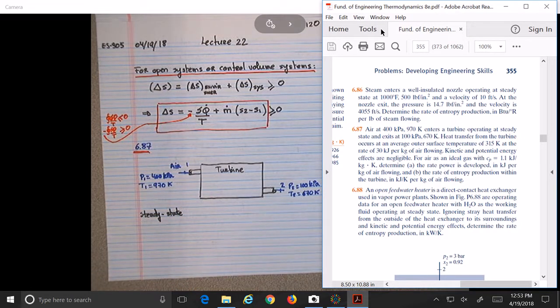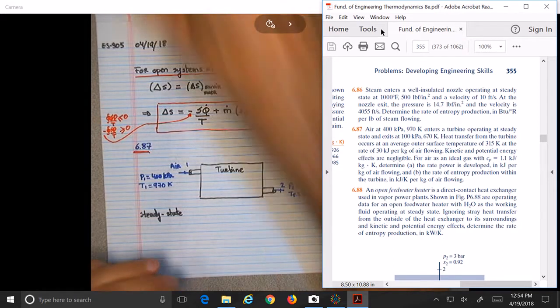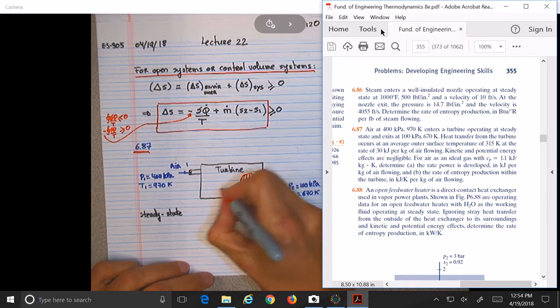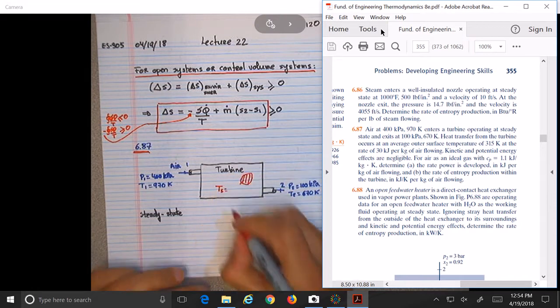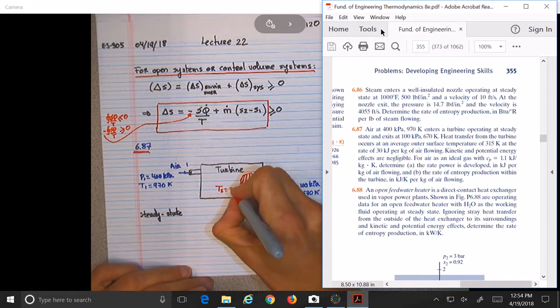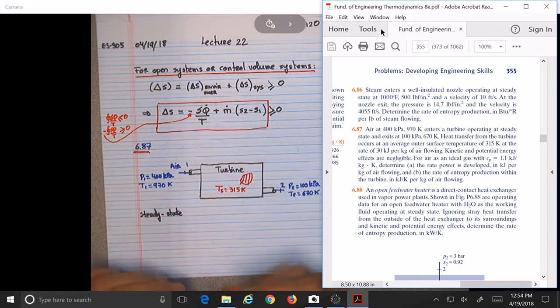Heat transfer from the turbine occurs at an average outer surface temperature of 315 Kelvin. So basically that means the temperature of the surface of the turbine is 315 Kelvin.